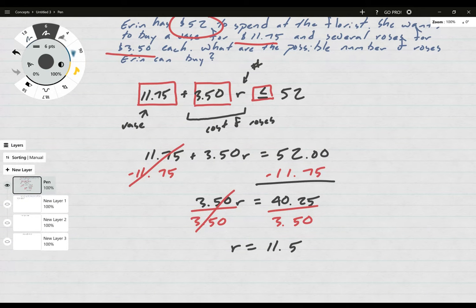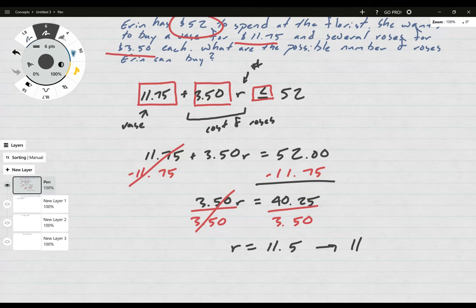So she can buy 11.5 flowers to equal $52. But can she buy 0.5 of a flower? No, she can't buy half a flower. So she can buy 11 flowers, and we solve our inequality.